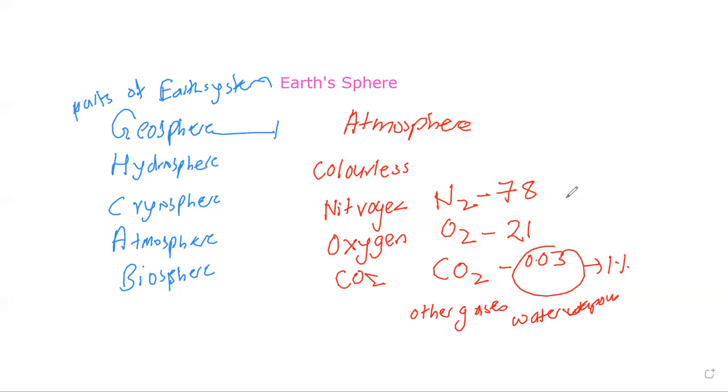Zishan, continue to read. Page 11, second paragraph. Many organisms need oxygen or carbon dioxide to carry out life processes. Liquid water is also important for most living things. Many organisms also need moderate temperature.